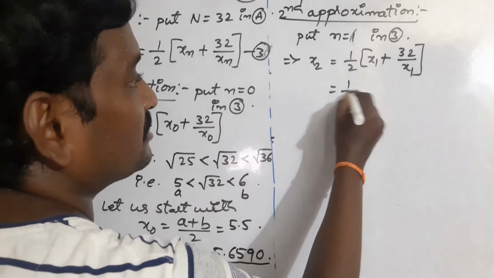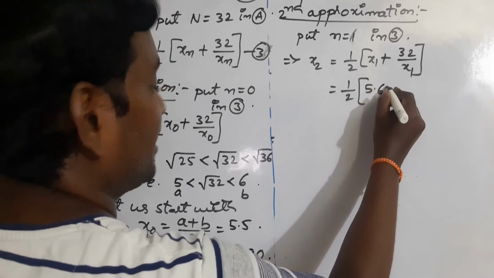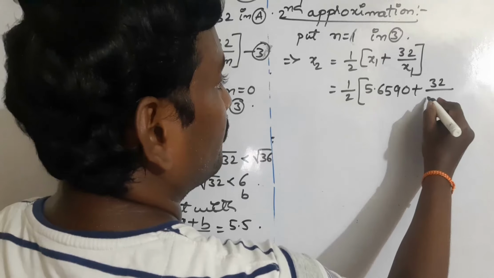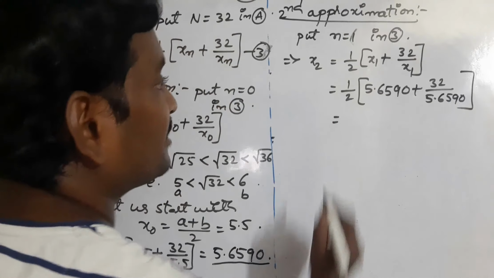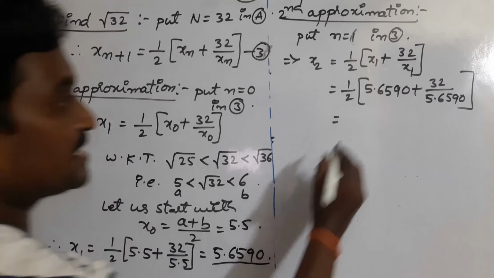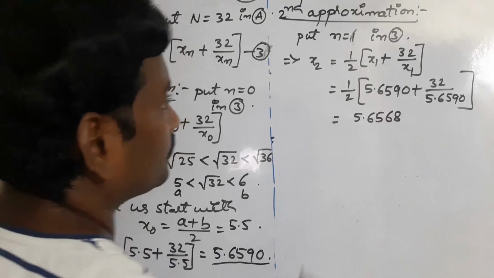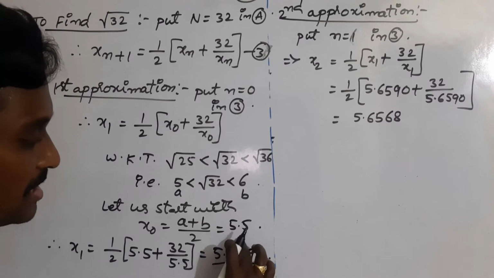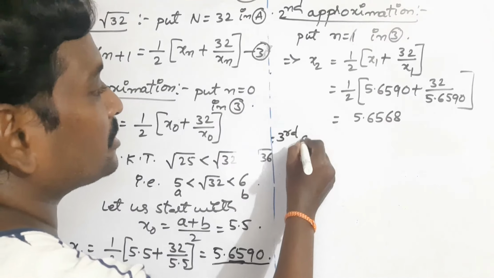Substitute this value in this one, which is 5.6590 plus 32 over 5.6590. So by using a scientific calculator, we get 5.6568. So far only two decimal places are equal in x 1 and x 2. That's why we have to find the third approximation also.